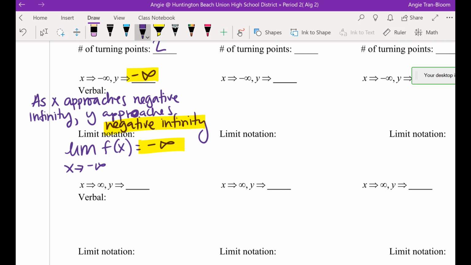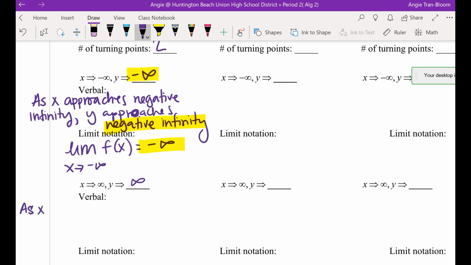Next, x arrow infinity. Y arrow what? Infinity. So the verbal representation of that is, what do we write? As x approaches infinity, y approaches infinity.